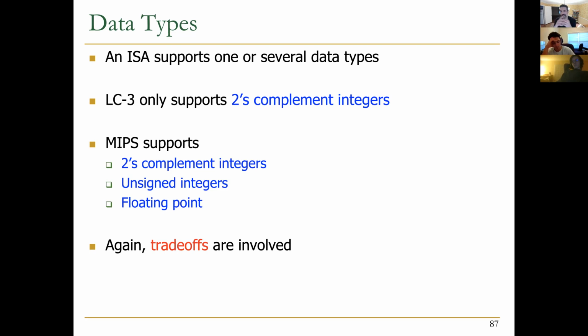And we know that you can encode all of these in the software. This is the way it works, right? So you have some basic representation at the hardware level, or the ISA would allow you to have some basic representation.